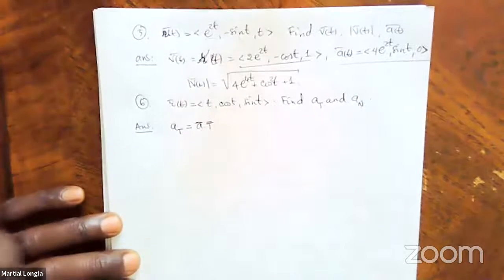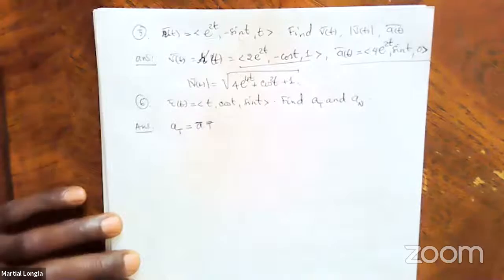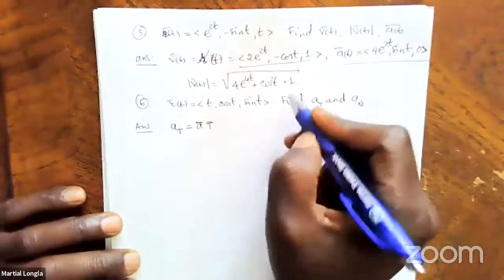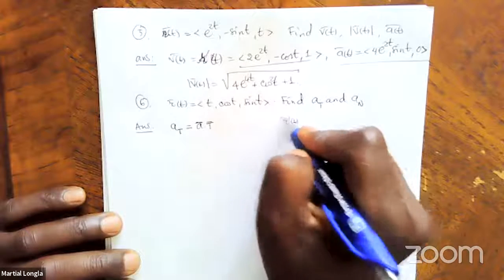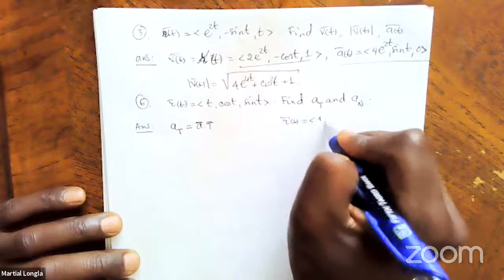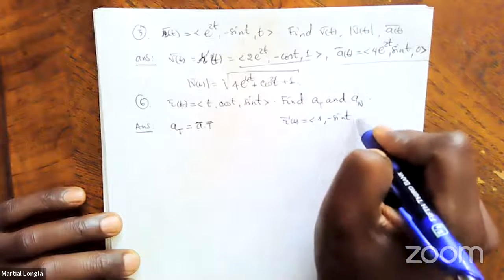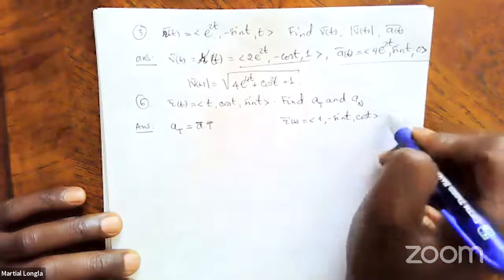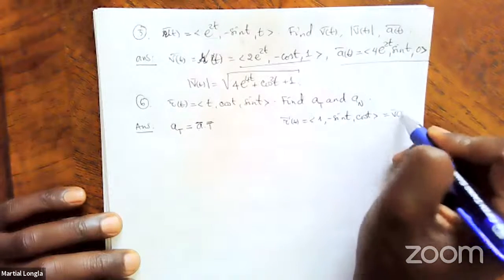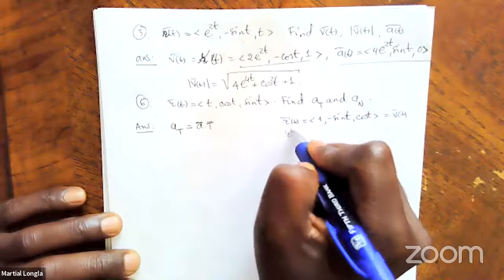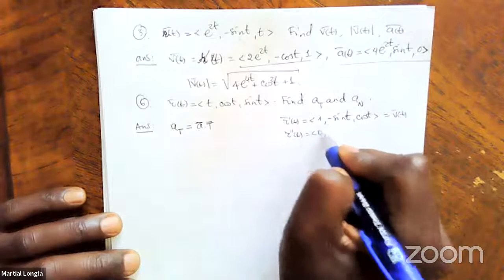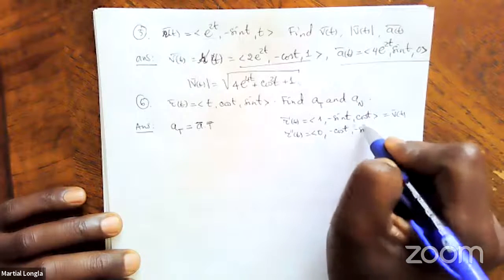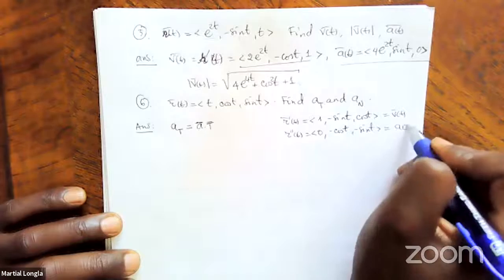You have that formula, so you know you need A and you need T. And for that, you need to find A and T. So r prime of t is 1, negative sine t, cosine t. That's v of t. r double prime of t is 0, negative cosine t, negative sine t, and this is a of t.